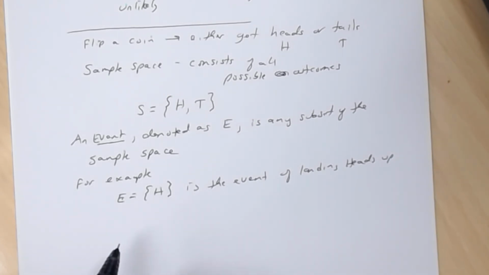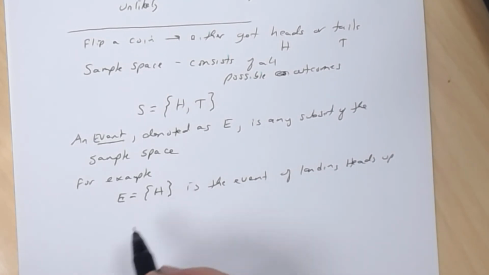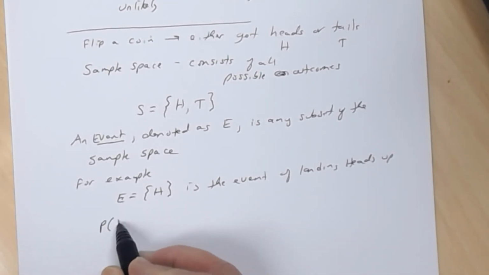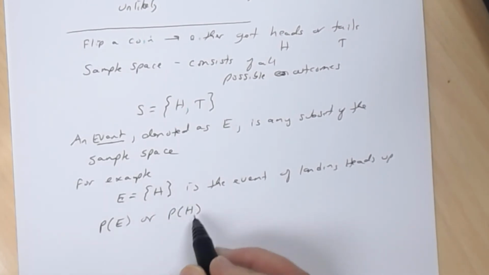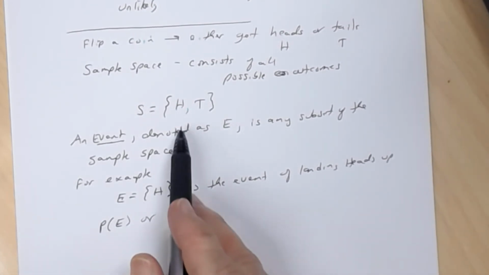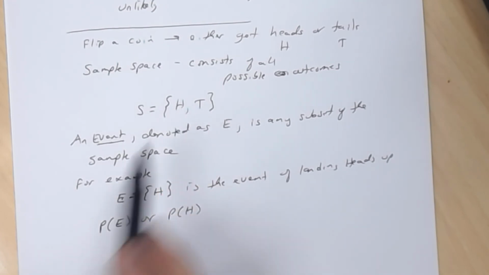So in terms of probability, when you see probability of E in this case, what that means is probability of this event. Or I could say probability of H, meaning, what's the probability of heads landing up?